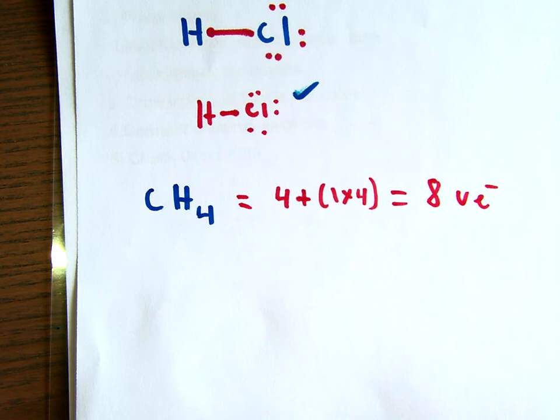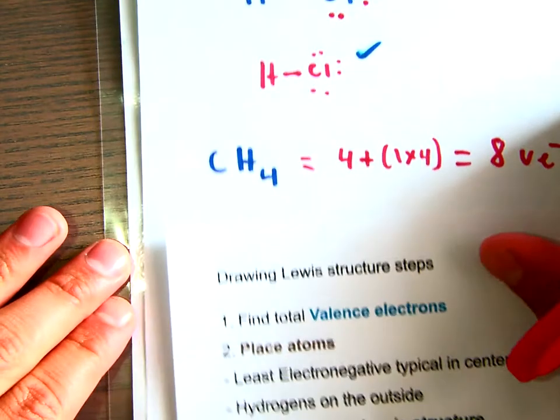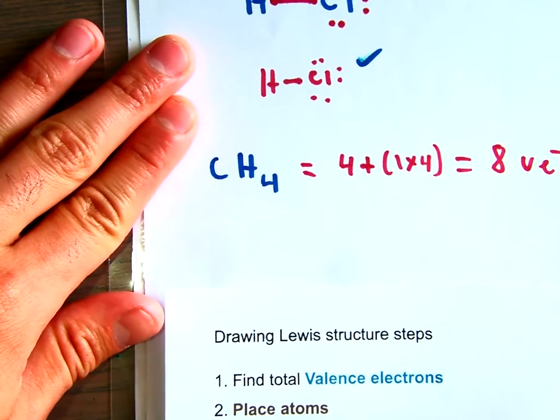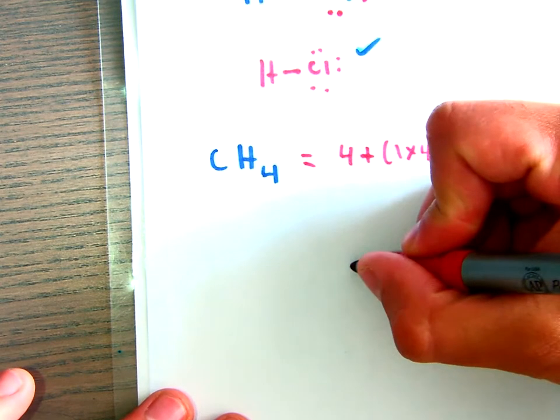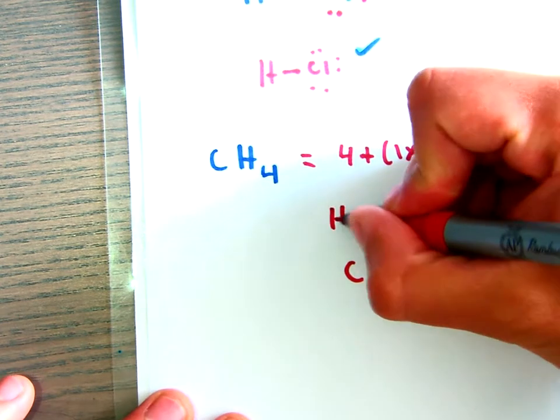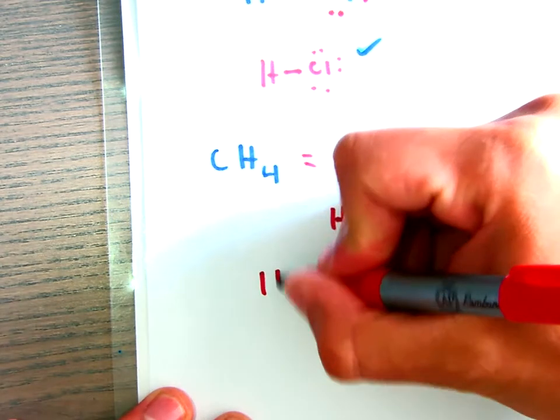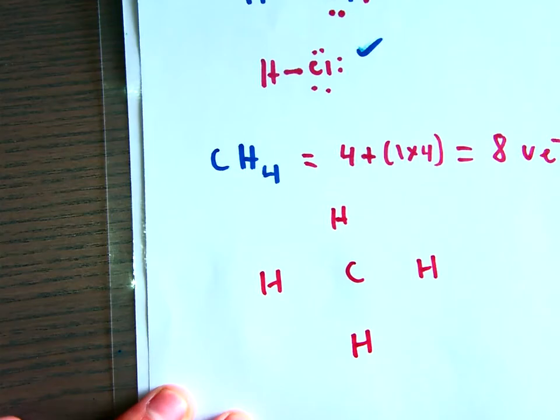Step 2, place the atoms in the correct order. Hydrogens go on the outside, so we put carbon here, and hydrogens tend to go on the outside. After a while, you'll get used to how they're arranged.